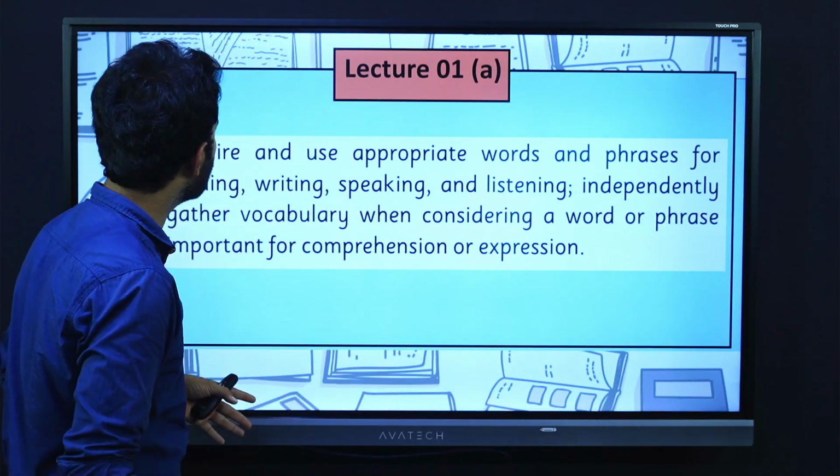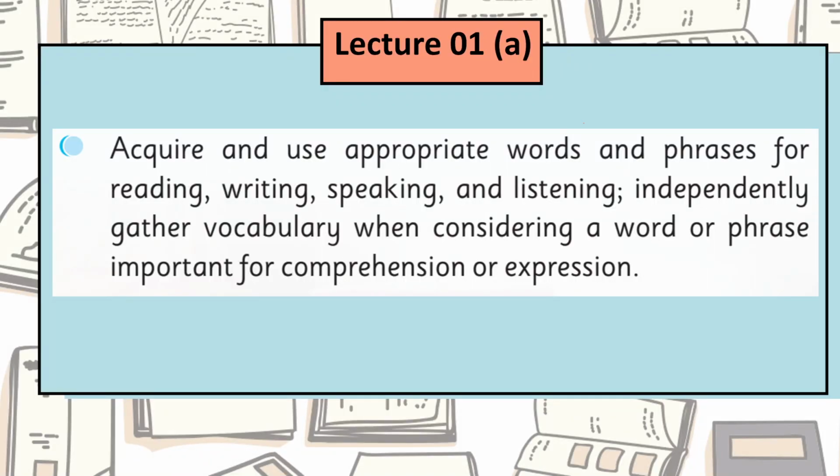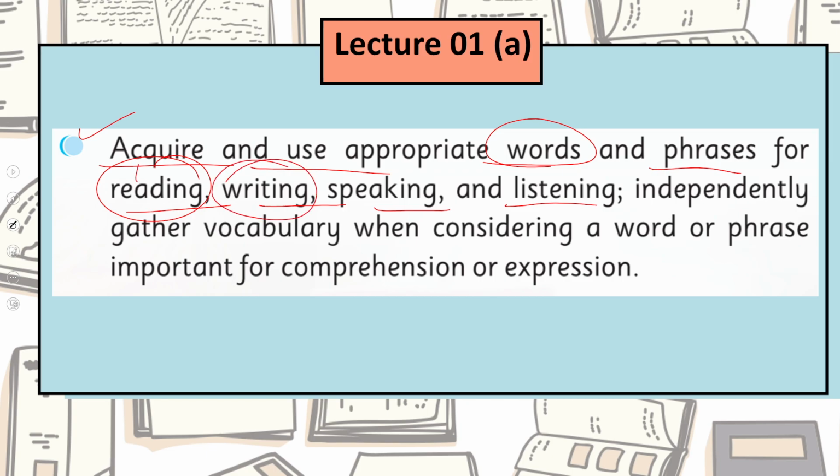For lecture number 1A, this is about your vocabulary, your competency of vocabulary. The SLO says that acquire and use appropriate words and phrases for reading, writing, speaking, and listening. These are our language skills. Independently gather vocabulary when considering a word or phrase important for comprehension or expression.